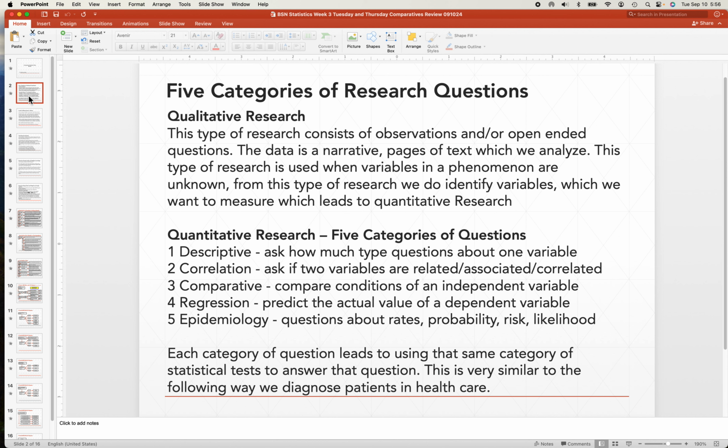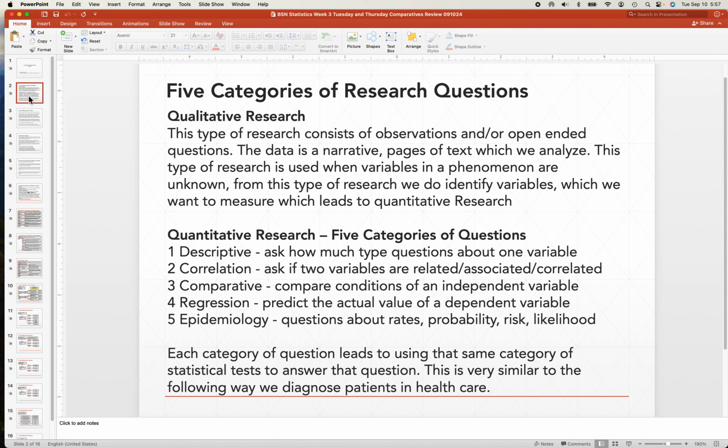We often see words like increase or decrease in these questions as well. But in these questions, we will have 2 variables. We'll have an independent variable and a dependent variable, and we will not have words like relationship, association, or correlation.